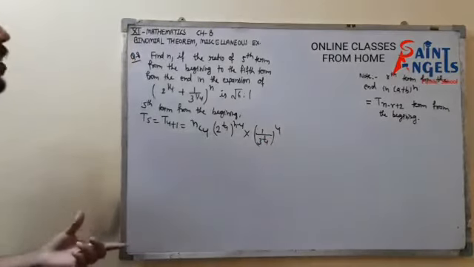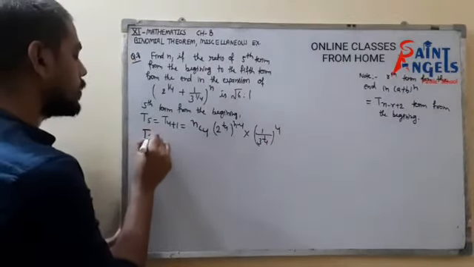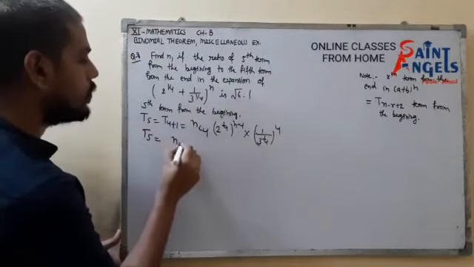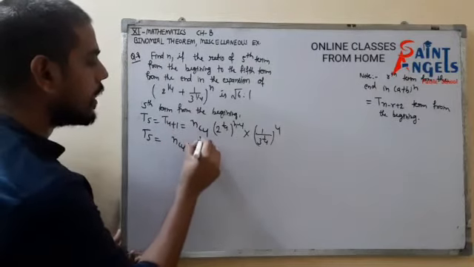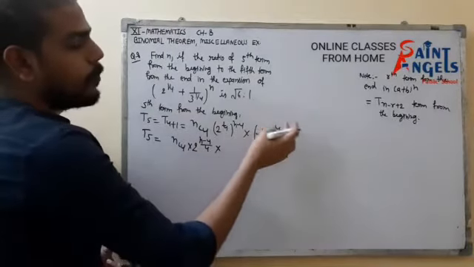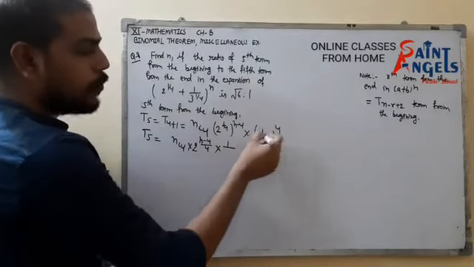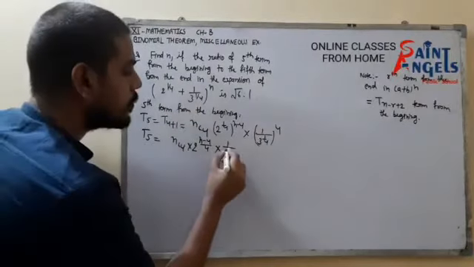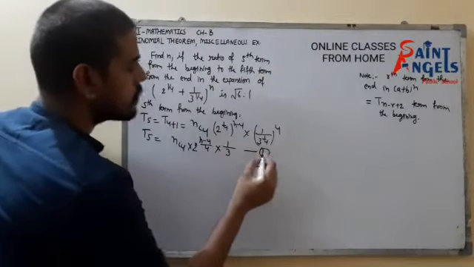Okay, this is a term from the beginning. So t5 equals nC4 into 2 to the power (n minus 4) upon 4 into 1 upon 3 to the power 4 upon 4, which is simply 1 by 3. Equation number first.